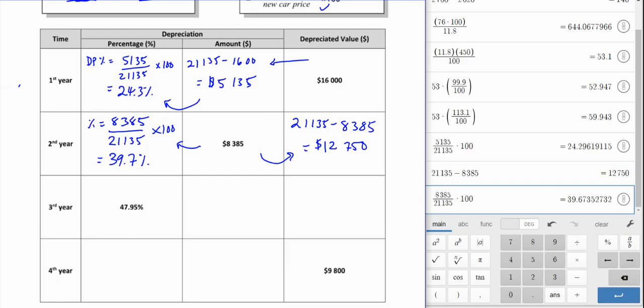All right, how can we use this information then to figure out these other two columns? Well, I think we can probably relate this to the original amount. So if we were to say 21,135 times what, it's now worth less than 50%. Only after 3 years it's less than 50%.